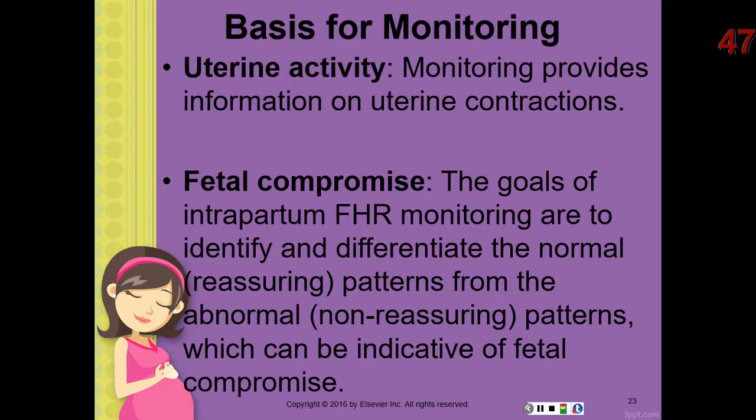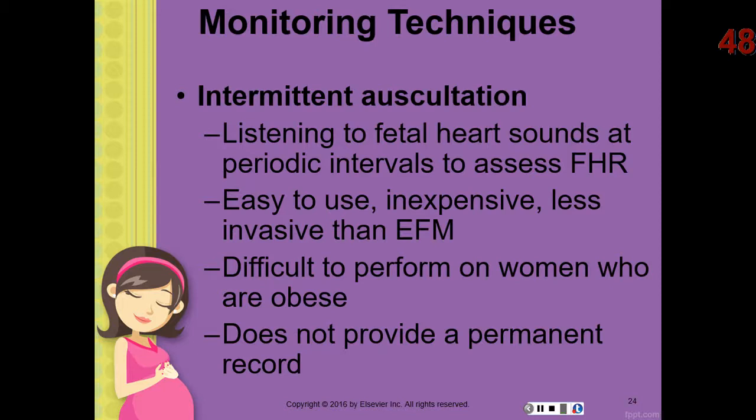And once the fetus is in metabolic acidosis, it's called fetal asphyxia. Once you get to fetal asphyxia, the baby is dying. So you can rewind that and play that back as much as you want, but that's what we're looking for. We want to catch that fetal compromise and correct it before going further.